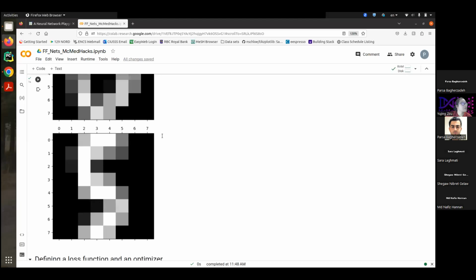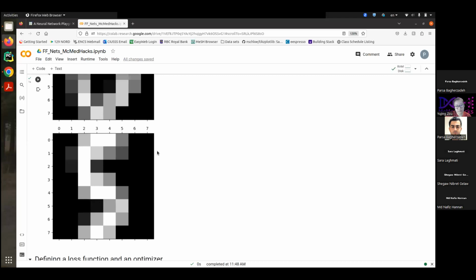What was the input size that I had for this problem? Originally, the input is a matrix, but since feed-forward nets basically cannot take matrices as input, first I turned this matrix into a vector, and then provided that vector as the input to my model. So the size of that vector was 64. Why?